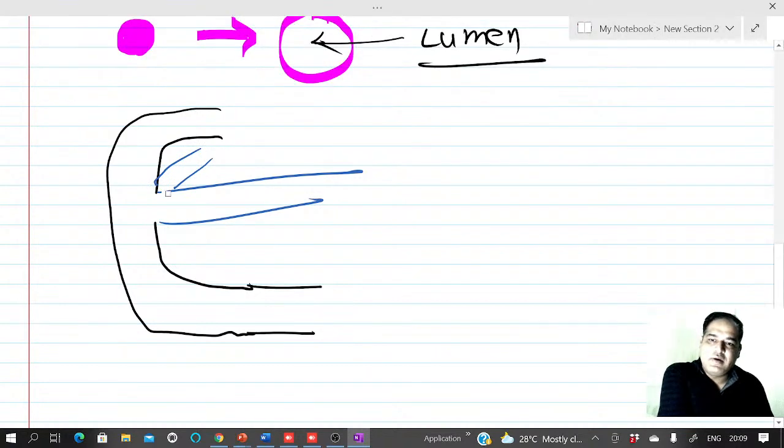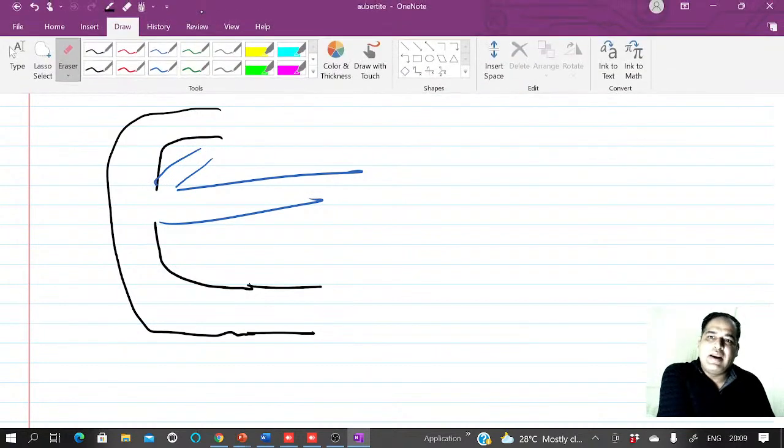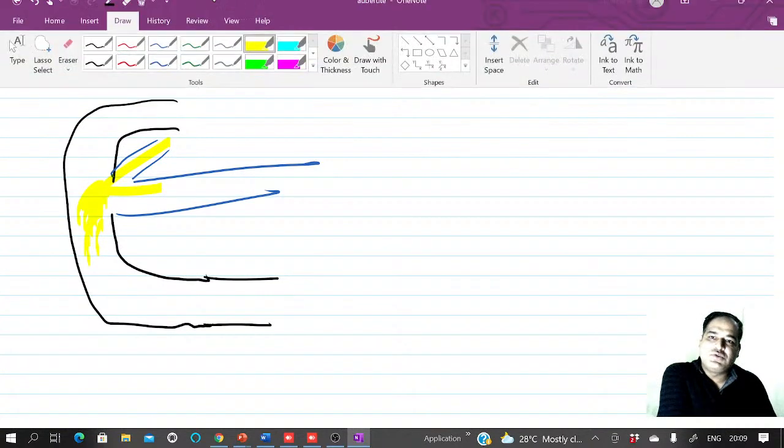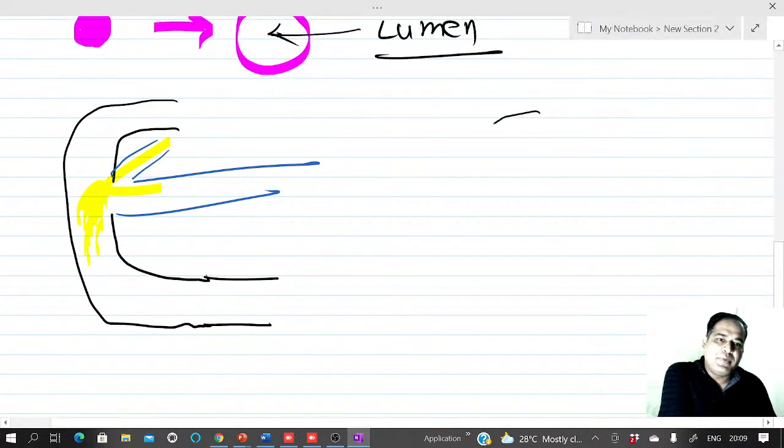Sorry for the bad hand, very poor drawing. Here are entering the bile ducts. So bile is freely flowing. This is one condition, and this is what happens when your patient has duodenal atresia.